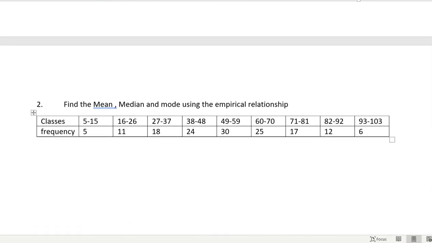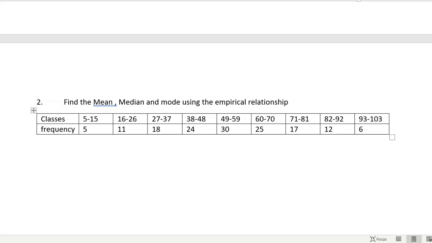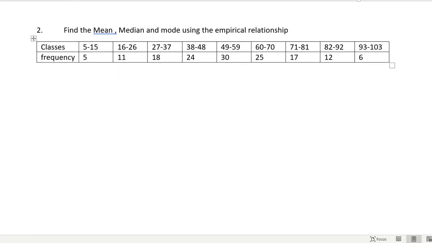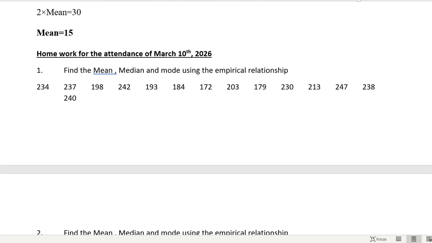Similarly, in grouped data, you are free to use any two, but the third one you can find by the empirical relationship. Again, I suggest that median and mode will be easy to calculate, and for mean you should go for the empirical relationship. Let me check if we have mode here.